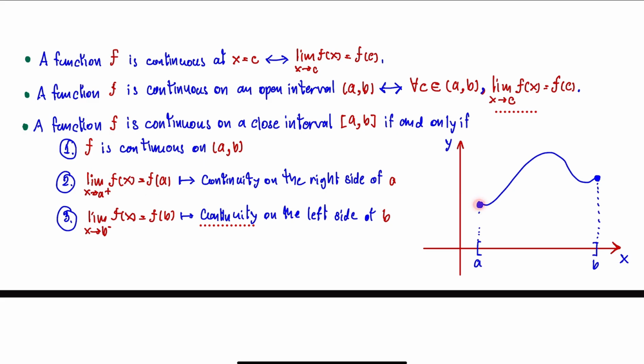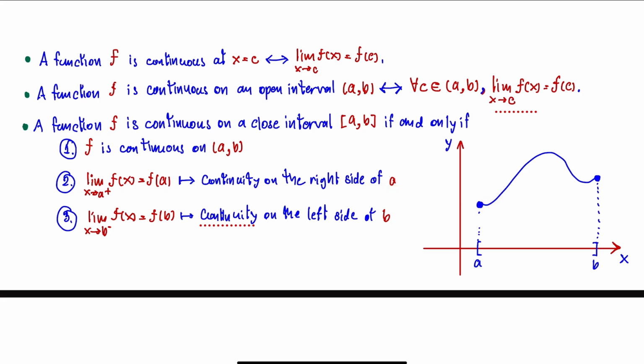You have to look at the limit from the right side at that endpoint. So we're going to have the limit of f(x) as x approaches a plus equal to f(a). If we have this limit, that means we have continuity on the right side of a.